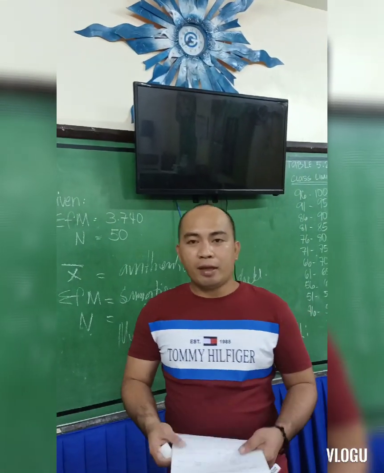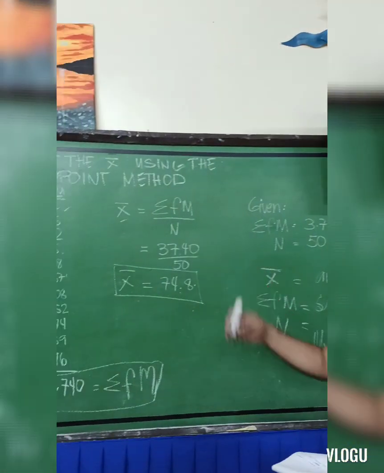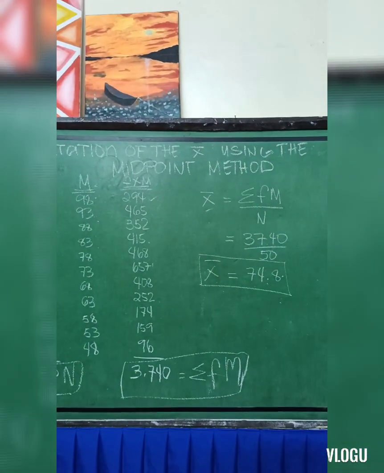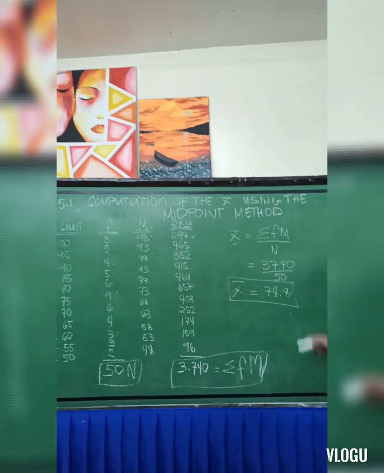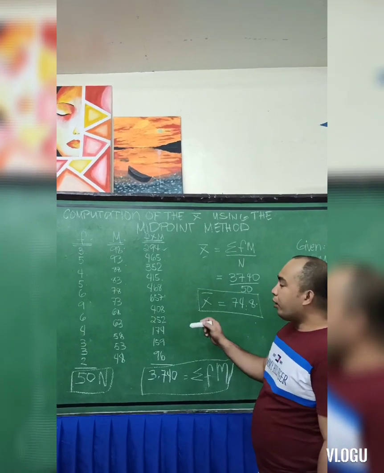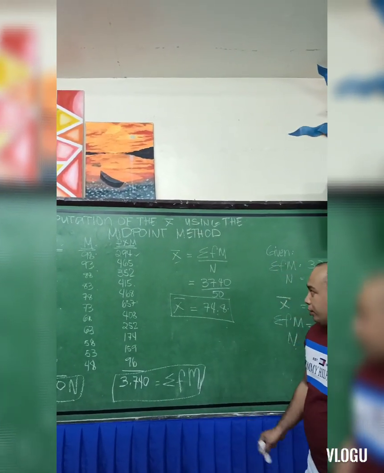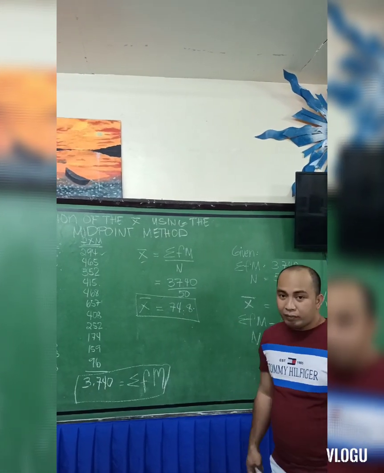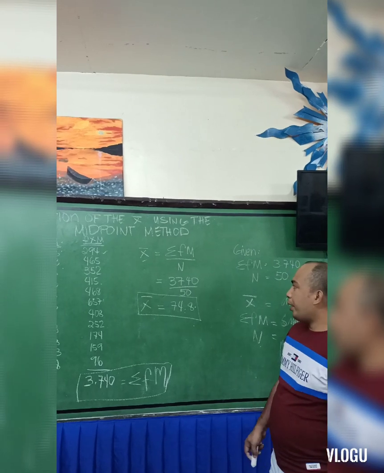Okay, so to sum it up, in our example in computation of the arithmetic mean using the midpoint method, we always remember that in this method we are looking for the product of frequency and the midpoint. This is our goal in using this method.